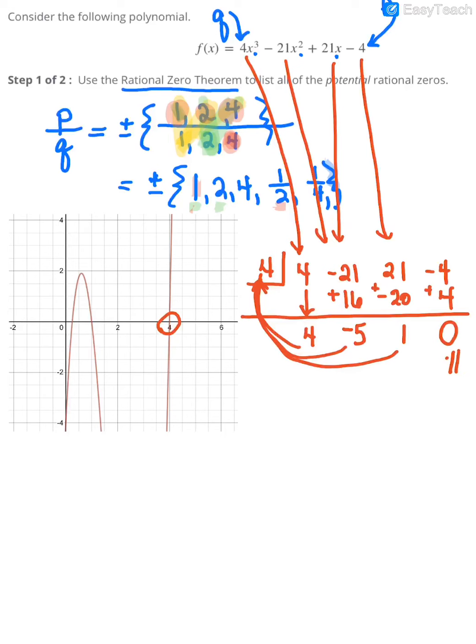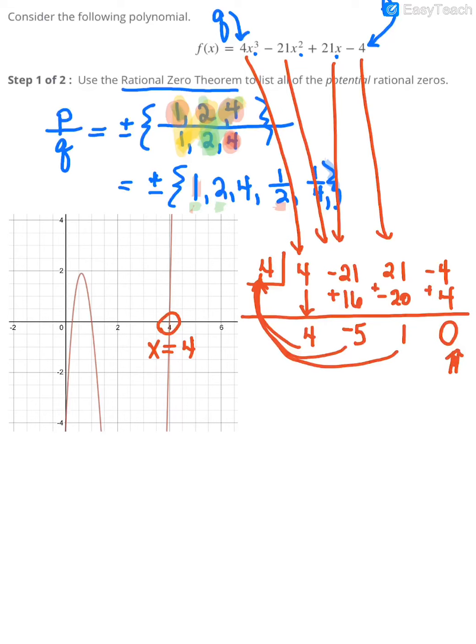Remember, if you don't get this 0 in that final column, you have either not read the graph correctly to identify the zero, or you've made a sign mistake somewhere. So we definitely know x equals 4 is one of our solutions. We see it, and we got the 0 over here.